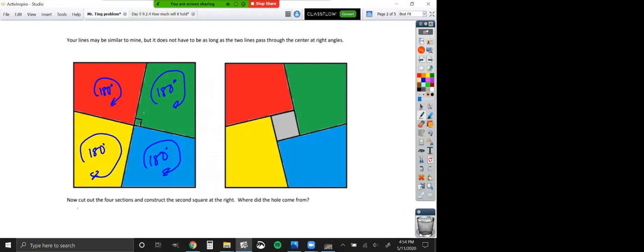Then the question comes, after you've done your rotation, now cut out the 4 sections and construct the one at the right. Great, where did the hole come from?